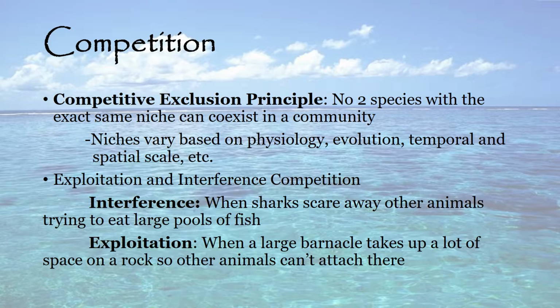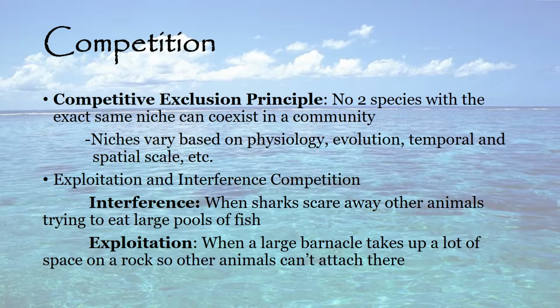And there's two different types of competition. There's interference competition. A good example is when sharks will scare away other animals trying to eat at large pools of fish. So the sharks are literally preventing the other predators from eating any other fish, therefore outcompeting them. They're interfering with them. And then there's exploitation, which is in the name.